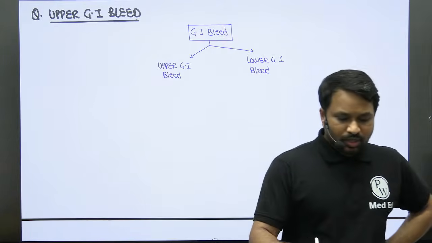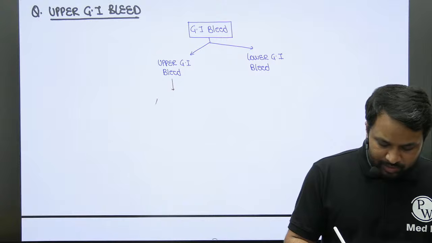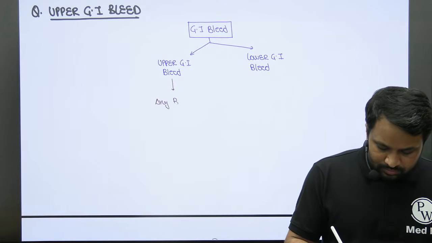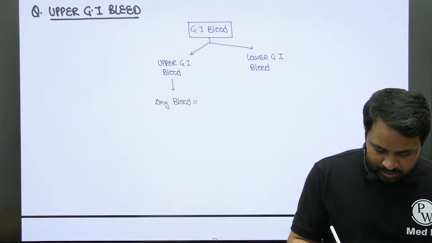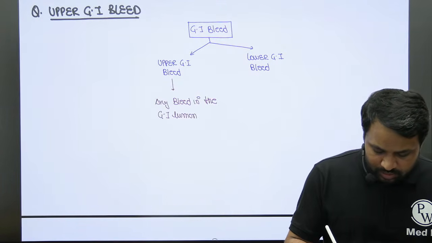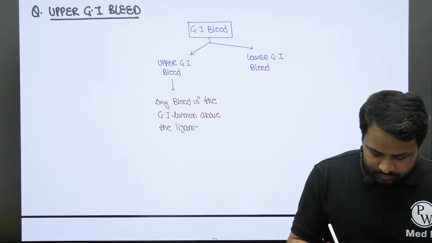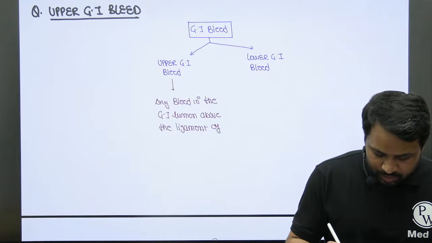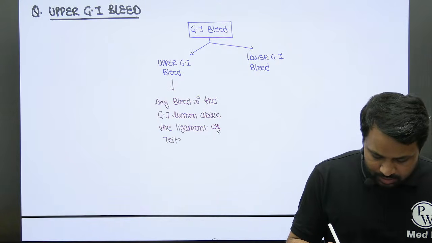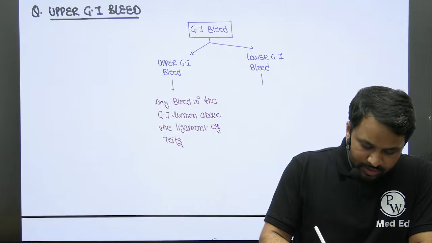Okay. So how do you know what is an upper and what is a lower GI bleed? Any bleed in the GI lumen above the ligament of Treitz is what we call an upper GI bleed. Same thing validates for lower GI bleed.